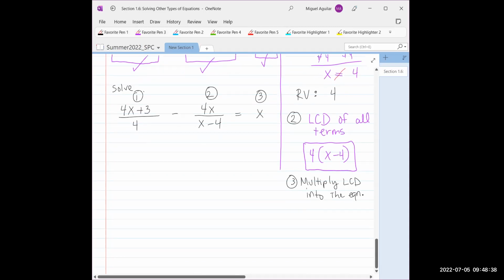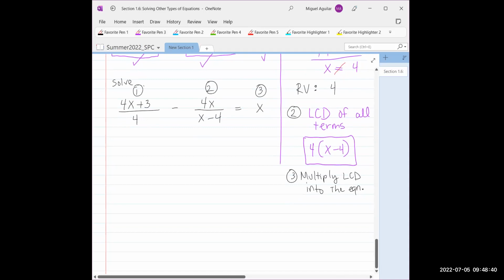Just like we did with that 14 in that side example, we're going to multiply this 4 and the x minus 4 into our equation. So every single term, we have 3 terms here, each of those terms is going to get multiplied by this LCD that we wrote down. So I'm going to write down my equation one more time.